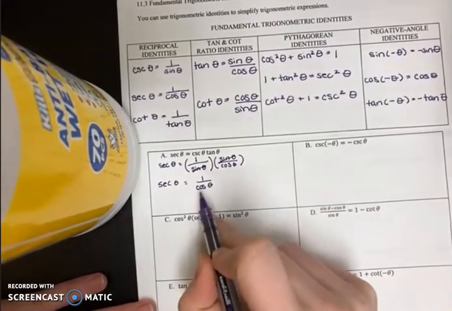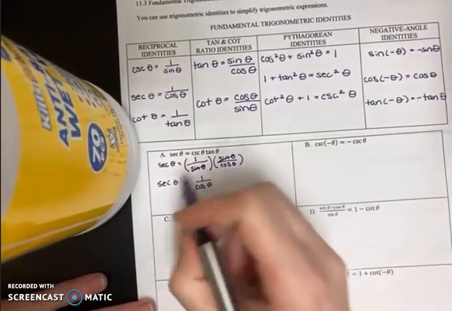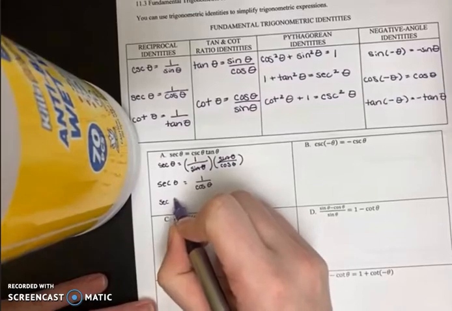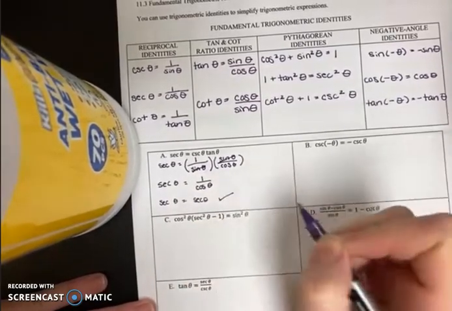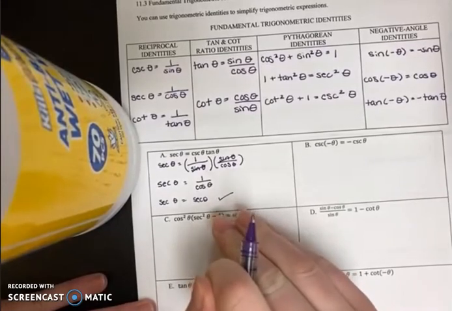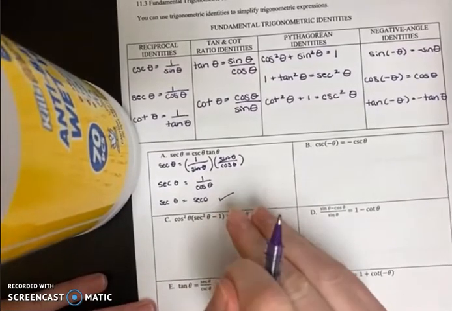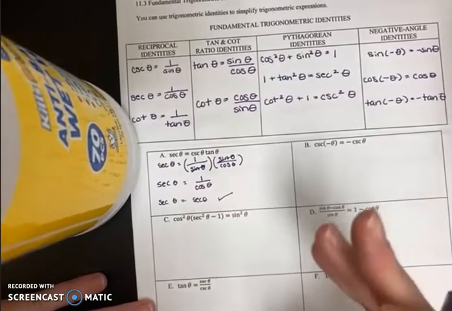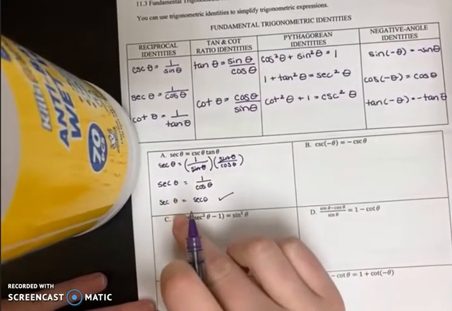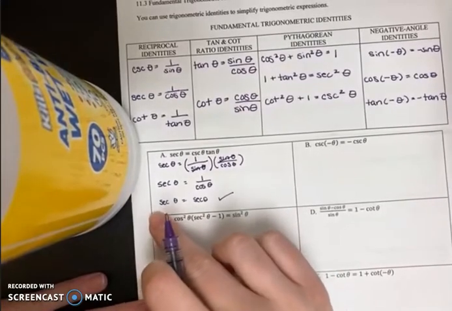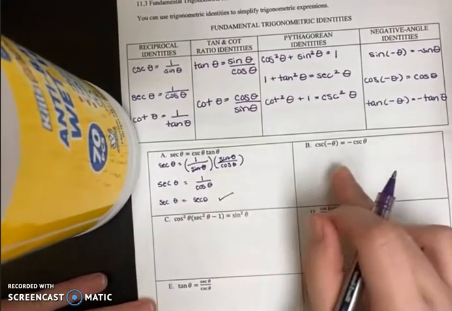Well, secant is the reciprocal of cosine, so all I have to do is rewrite it as secant theta equals secant theta. So I have just proved that this is a trigonometric identity. And the reason why I know that is because I got this side of the equation to look like this side of the equation. Let's try the next one.